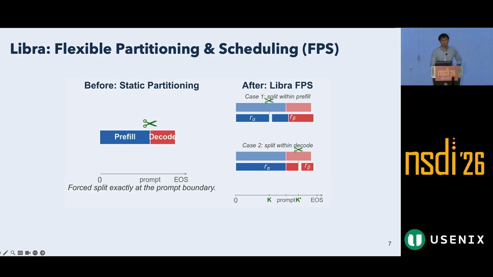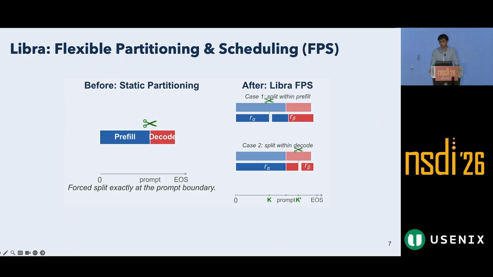Here we call for a paradigm shift. Today's systems force you to split at a prompt boundary, or collocation doesn't split at all. So both of them can be considered request-level split strategies. Libra introduces flexible partitioning and scheduling, FPS for short.